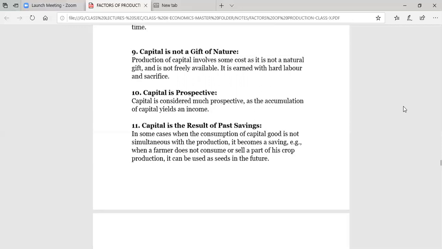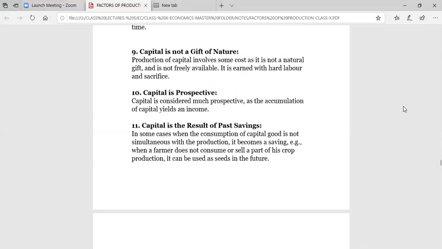Capital is the result of past saving. Why is it called like that? In some cases, when the consumption of capital goods is not simultaneous with the production, it becomes a saving. Example, when a farmer does not consume or sell a part of his crop production, it can be used as seed in the future.